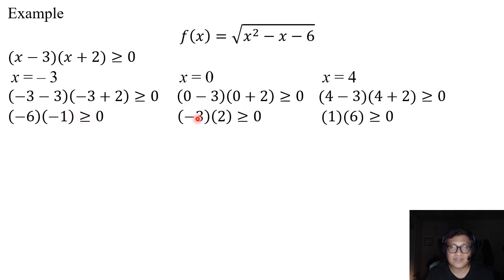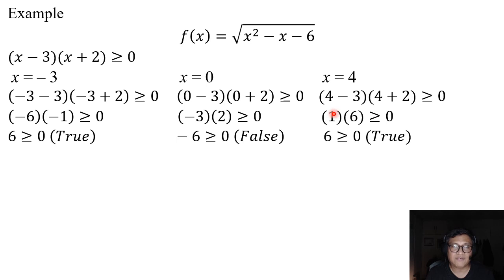Here we have 0 minus 3 is -3, and 0 plus 2 is +2, greater than or equal to 0. Then here we have 4 minus 3, that is 1, and 4 plus 2 is 6, greater than or equal to 0. Simplifying further, -6 times -1 is +6, so 6 is greater than or equal to 0, which is a true statement.